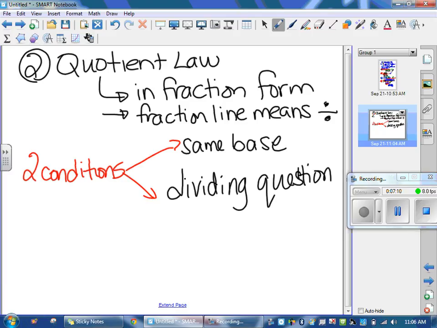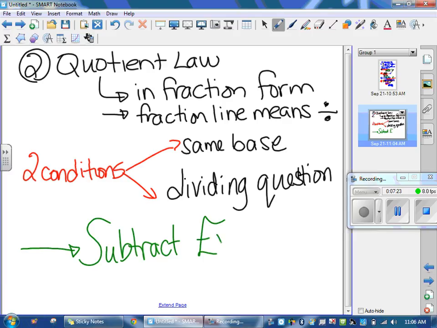If we have those, all we do, we're going to subtract the exponents. Okay, so if we have same base and we're dividing, we're going to subtract the exponents. If there's coefficients, we divide the coefficients.